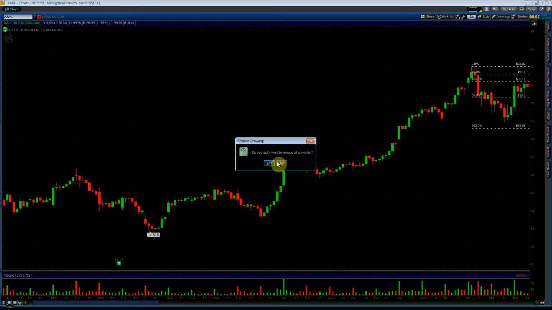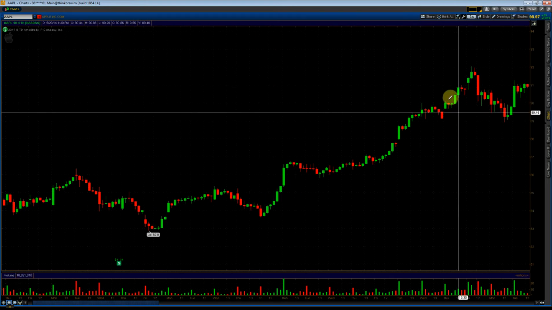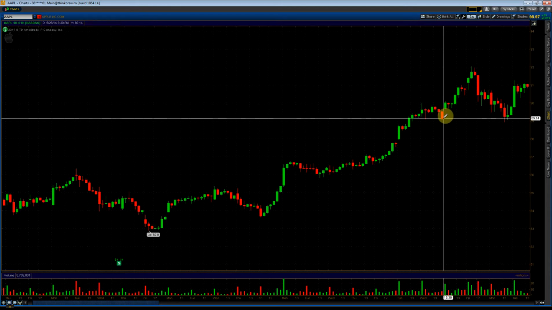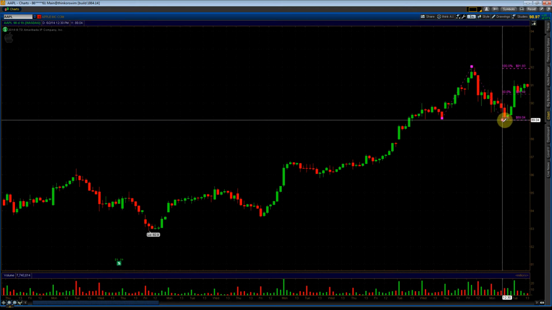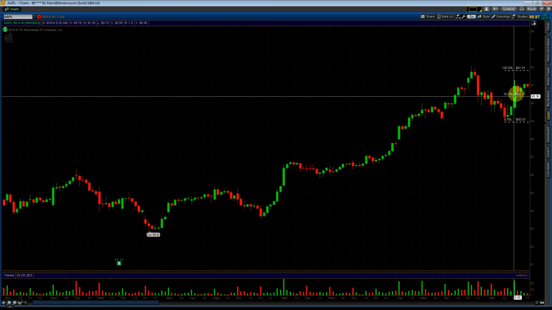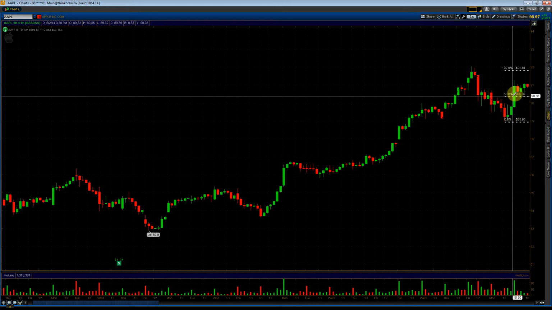We're going to remove these, and we're also going to be looking at the moves that we had. Remember, the one where we failed to hit that 100% line had a marking off of this low, this high, this low. Now, by the time you got stopped out of that puts trade, you were already above this 50% line. That 50% line could then serve to you as a support once you're above it.